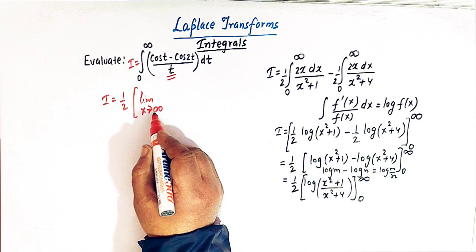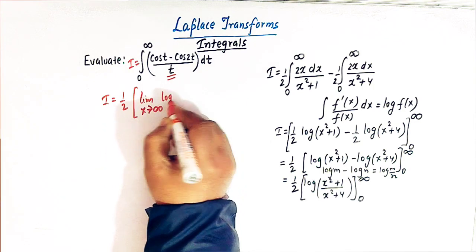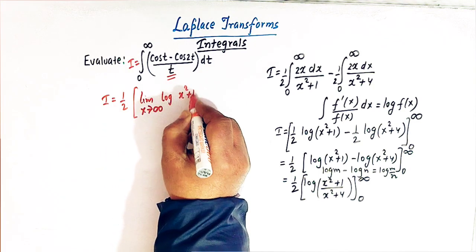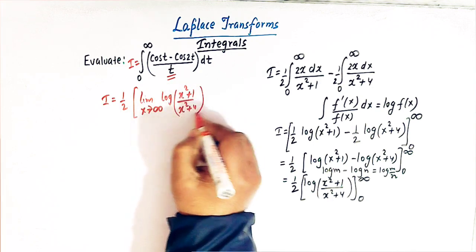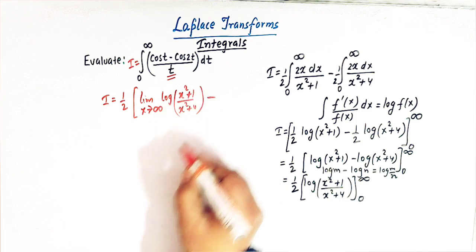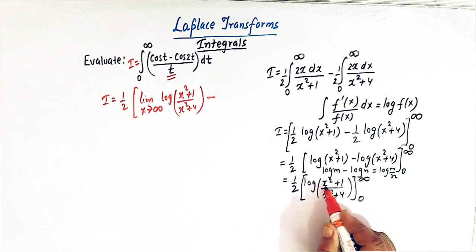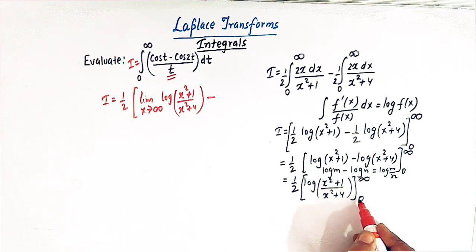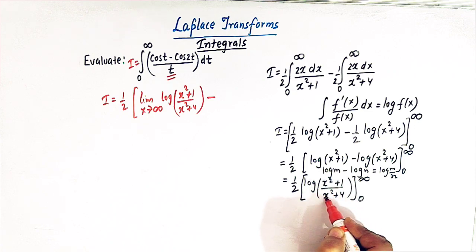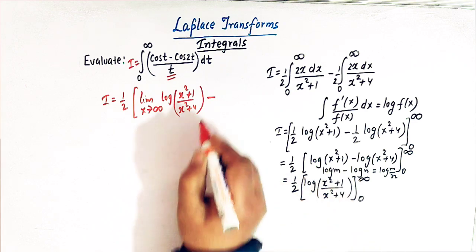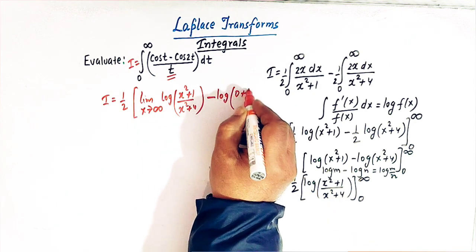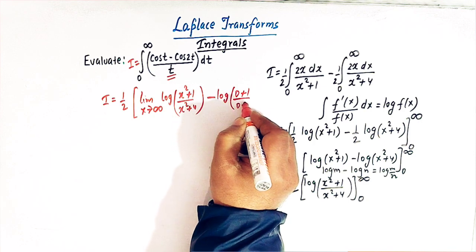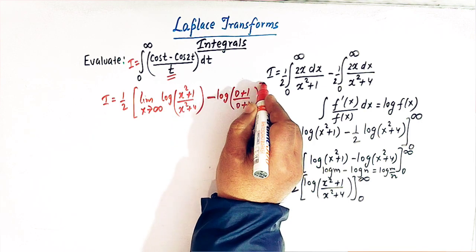So limit x tends to infinity, we have log of x square plus 1 over x square plus 4, and then we have a minus sign here. Then we'll take x is equal to 0, right? So when we take x is equal to 0, this term and this term become 0. So we are left with log of 0 plus 1 over 0 plus 4, right?